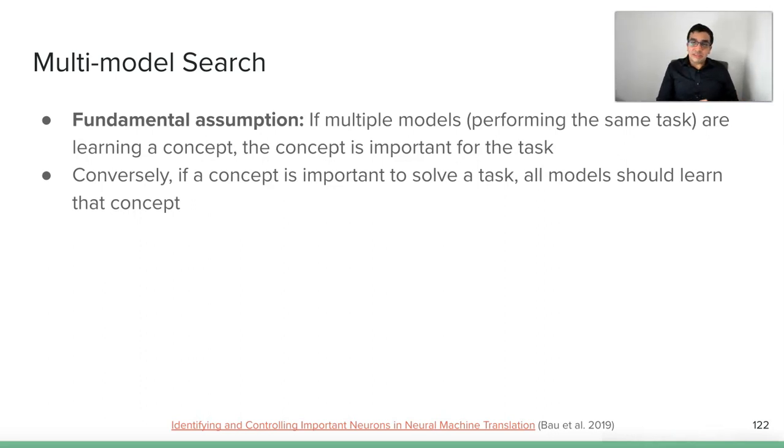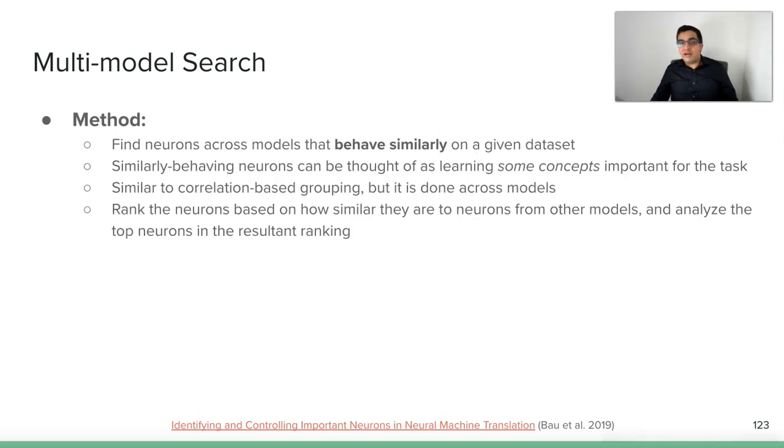Conversely, if some concept is important for a task, then all well-trained models for that task should learn the concept. Hence, the goal of multi-model search is to find neurons across multiple models that behave similarly on a given dataset. The final ranking of neurons within a model is computed based on how similar each neuron is to neurons from all of the other models.